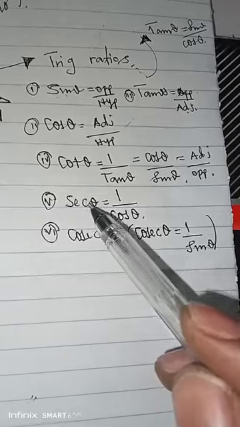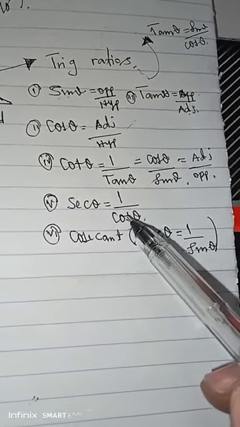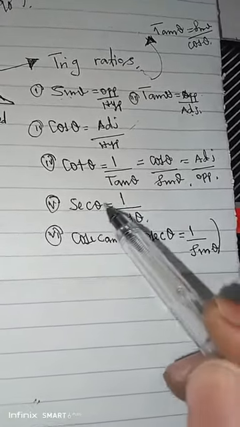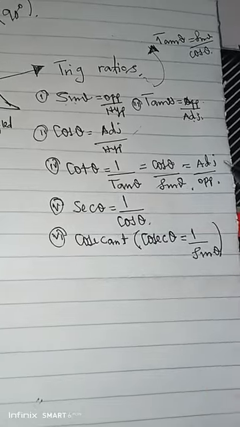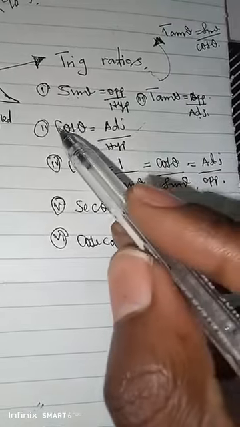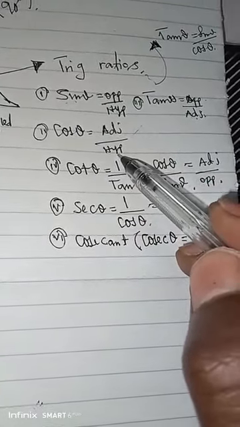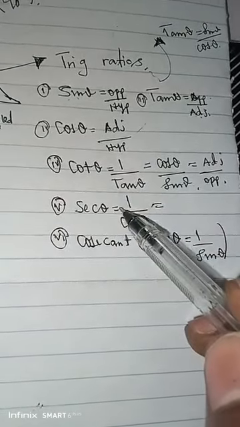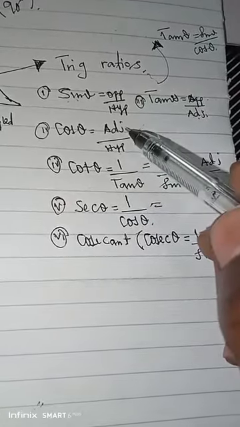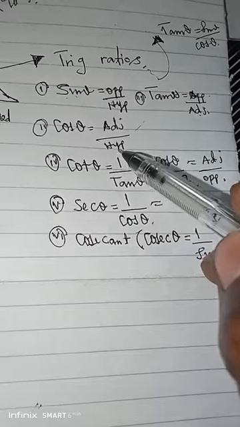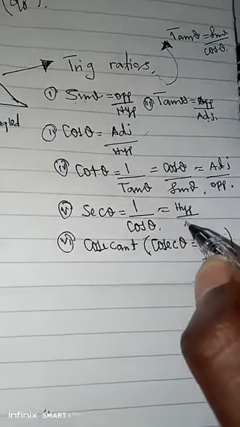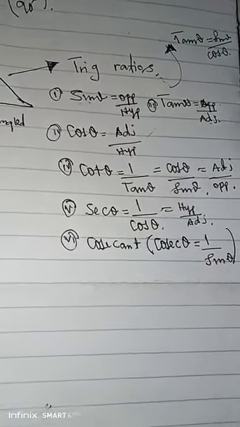So your sec theta is like 1 over cos theta. If you also want to express your sec theta in terms of adjacent and hypotenuse, if you notice, cos theta was adjacent over hypotenuse. Your sec theta is 1 over cos theta, so it's just going to be hypotenuse over adjacent.